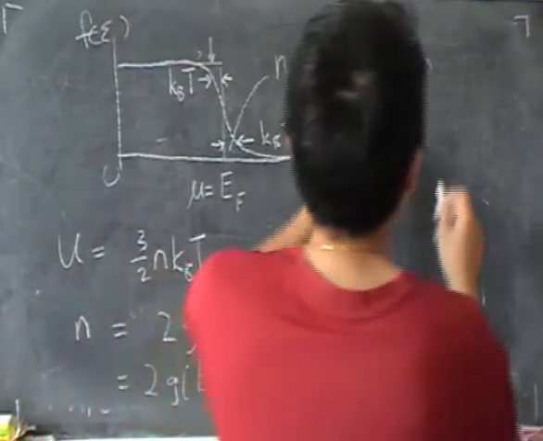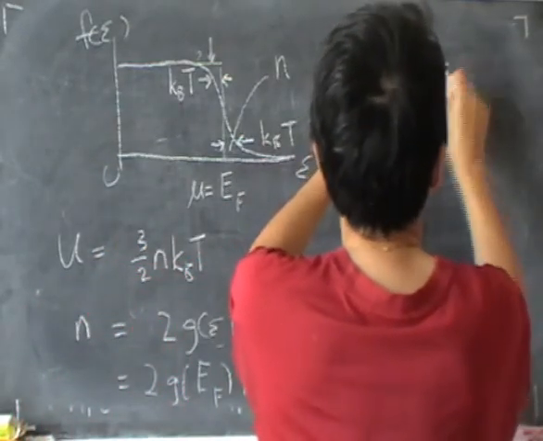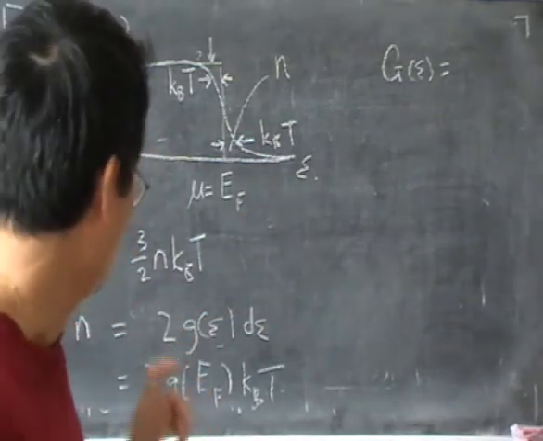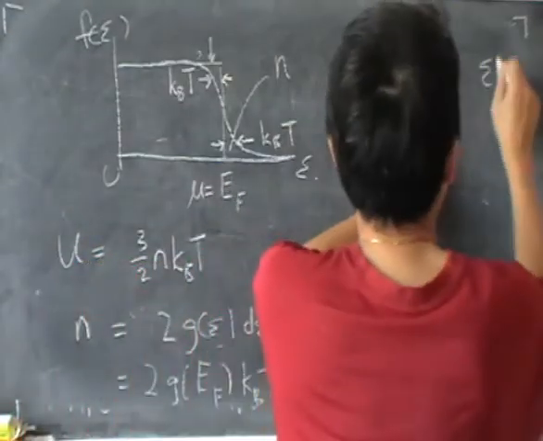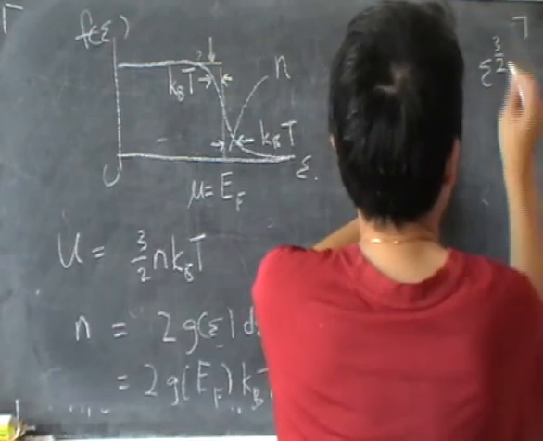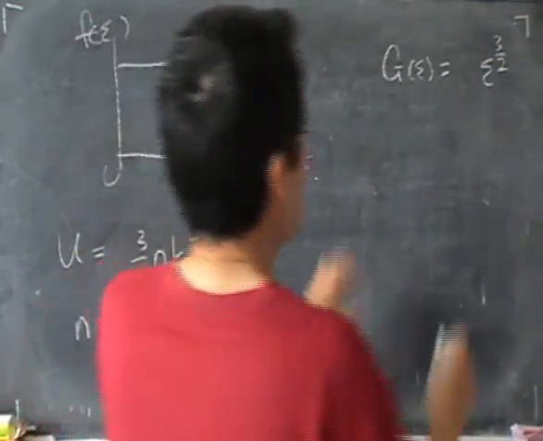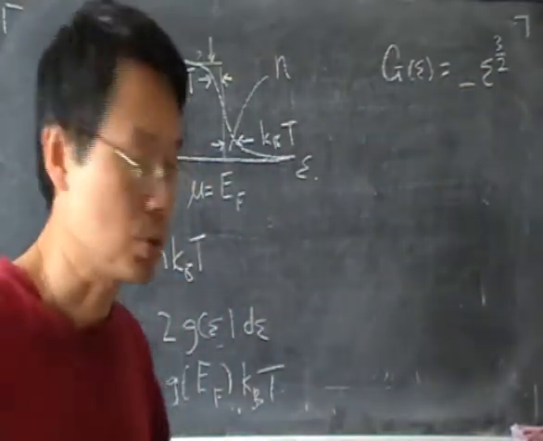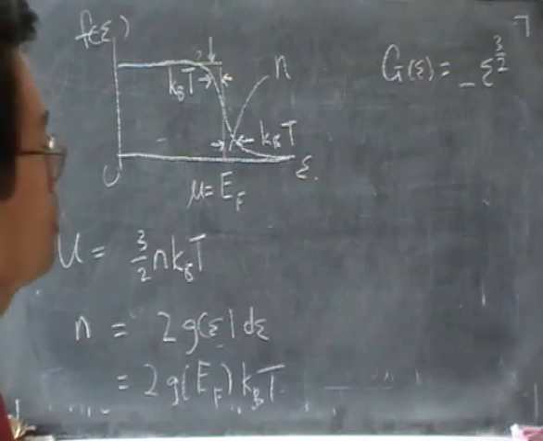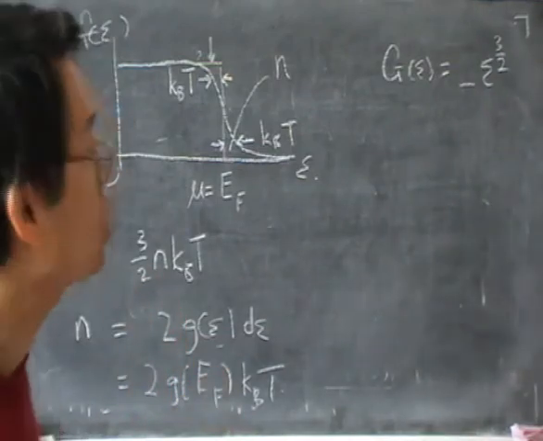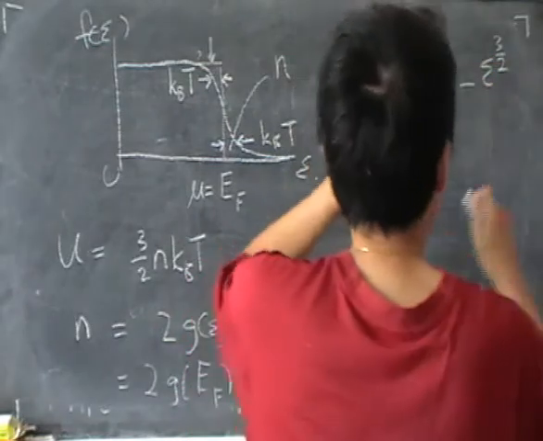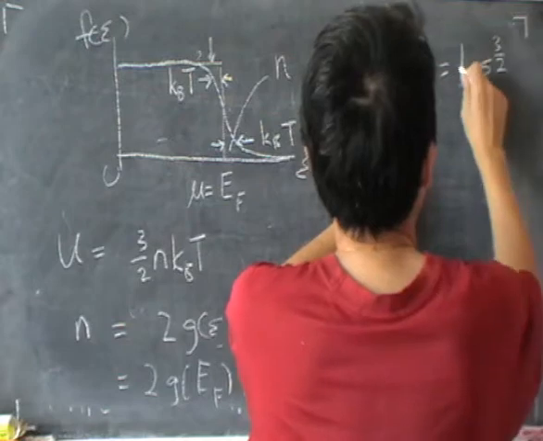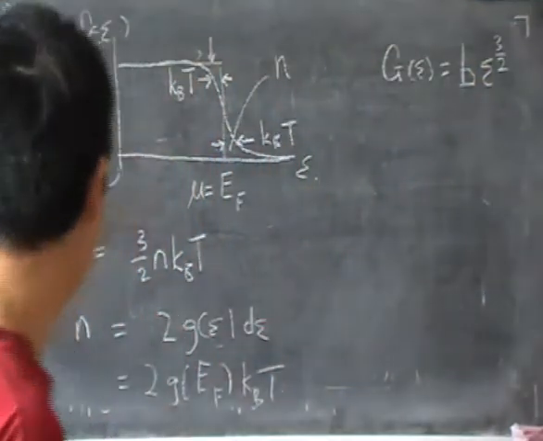Now, if you recall, this total number of states below a certain energy is related to E to the power of 3 over 2, with some constants before that, which contain things like volume, mass, and so on. So we don't have to worry about those constants. Let me just give them a name, say B. Okay, I'll just call them B.